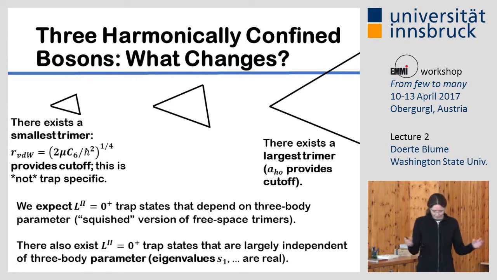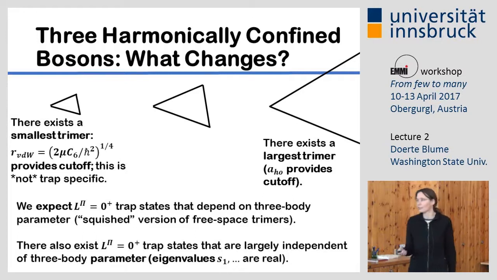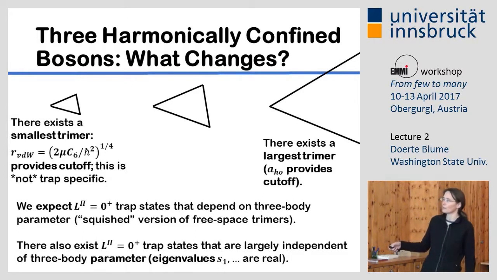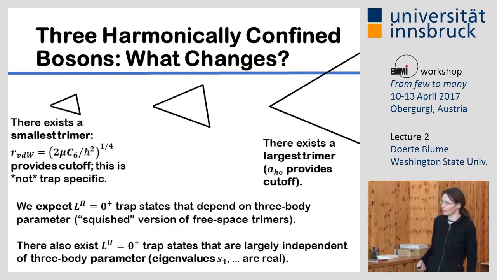It's not like we can make these trimers smaller and smaller. No, because in realistic atomic systems we do have a van der Waals length. This van der Waals length sets a cutoff, and the smallest Efimov trimer certainly can't be smaller than the van der Waals scale. So we have a bottom rung.